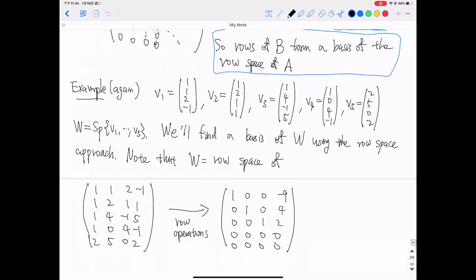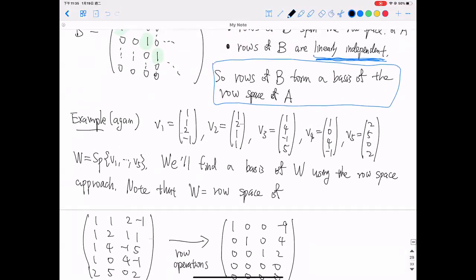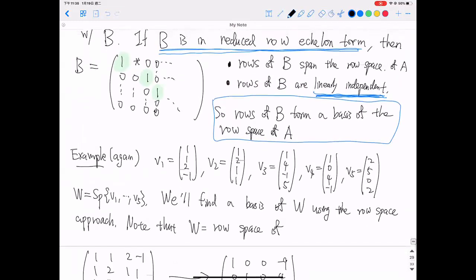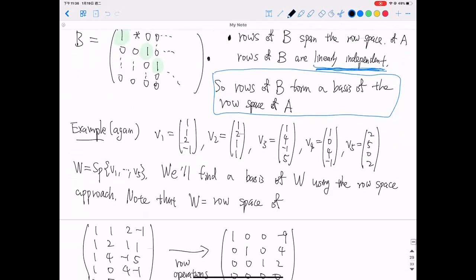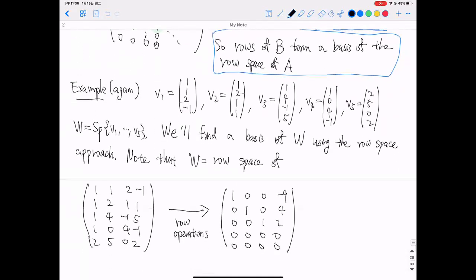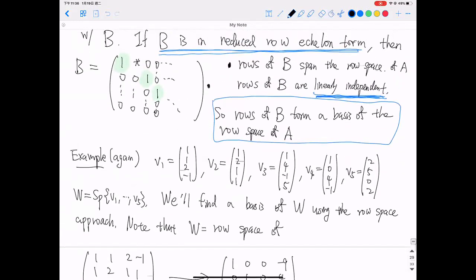Now you immediately see that I should revisit the conclusion that we had. I shouldn't consider all the rows. In fact, it is possible, as you can see in this example, that some of the rows in B are 0 rows.